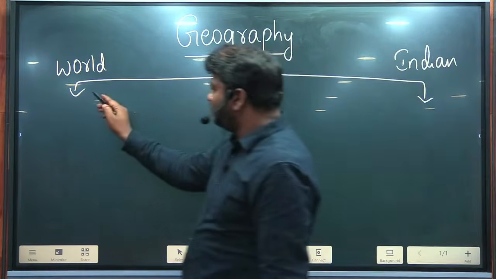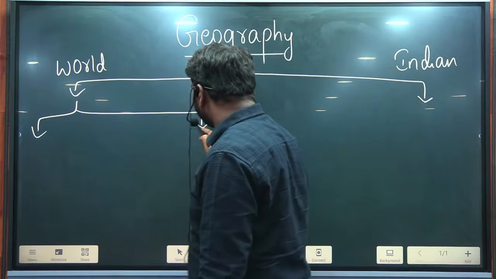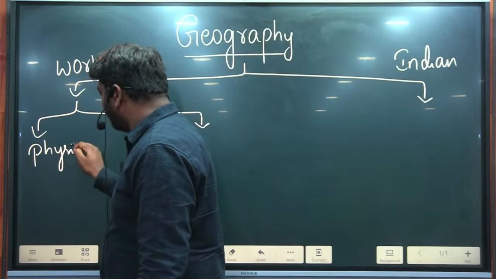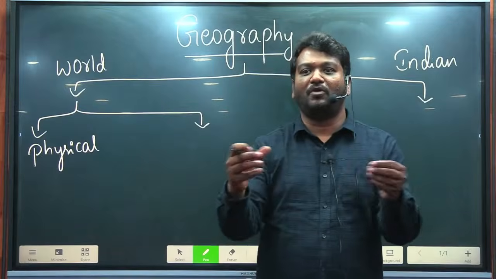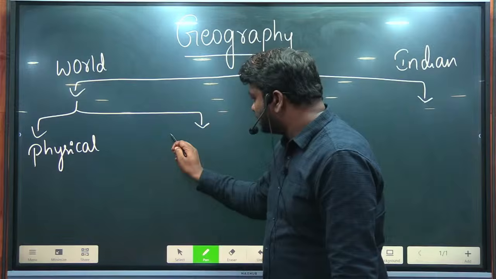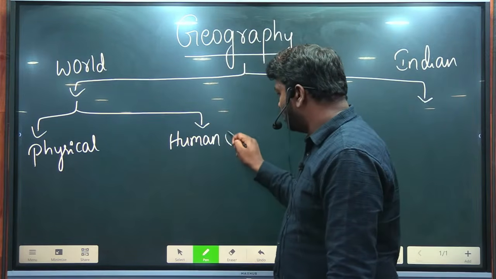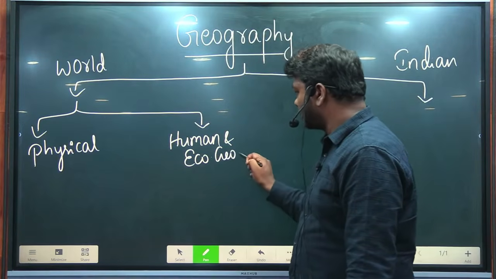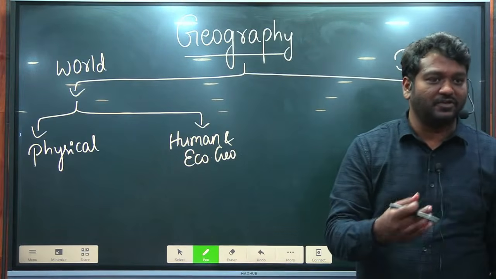Now, in world geography, the first thing will be physical geography. Physical geography means mountains, climate, oceans, we will study. And you also have human and economic geography, which means agriculture, industries, resources.